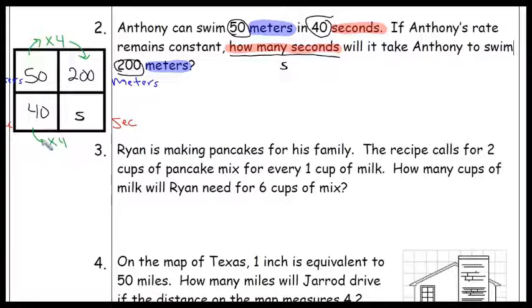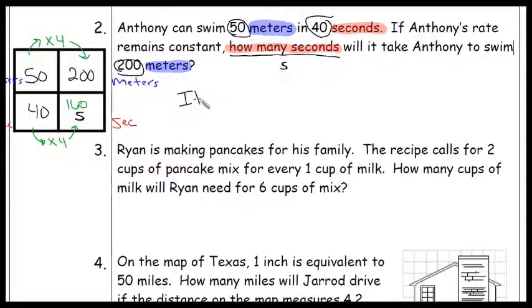I have to multiply that 40 times 4. 4 times 4 is going to give me 16. And you have a 0 behind it, so it's 160. So my answer is 160 seconds. That's how long it's going to take Anthony to swim 200 meters. So that's my answer.